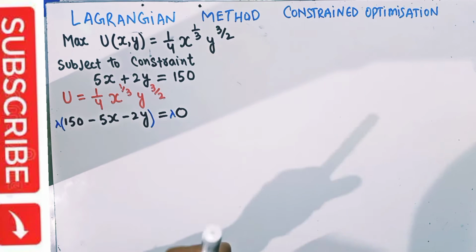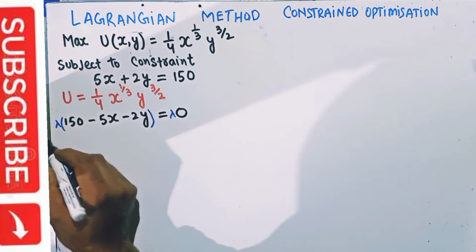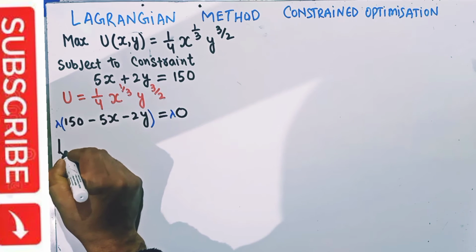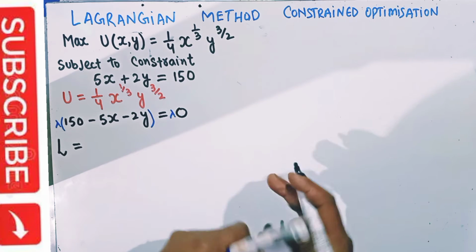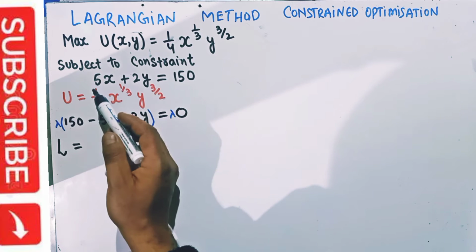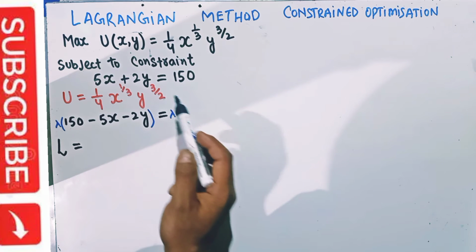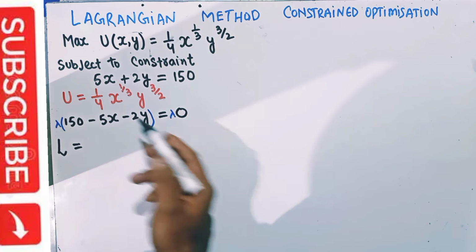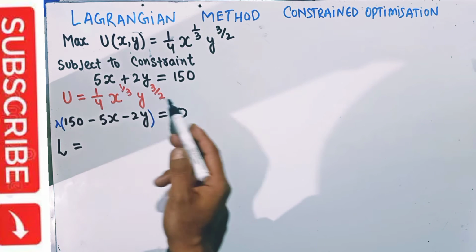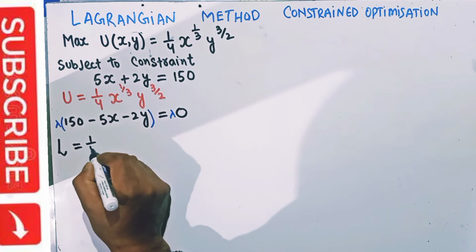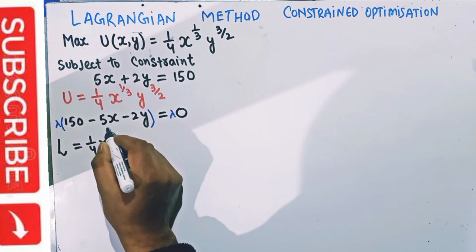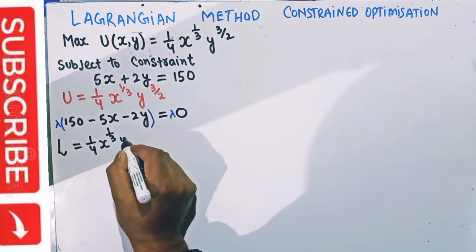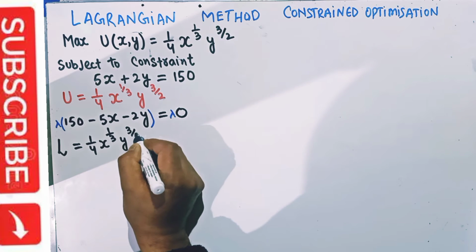And third step is to form the Lagrangian function. Let's denote it by L. So the Lagrangian function is formed by adding the given utility function with the resulting budget constraint that we formed. Utility function is 1 upon 4 x raised to power 1 upon 3 times y raised to power 3 upon 2.